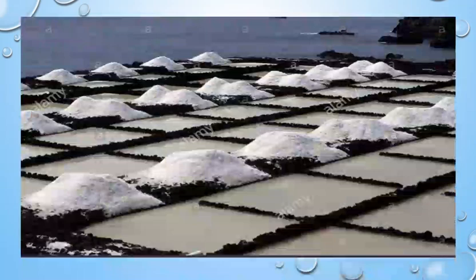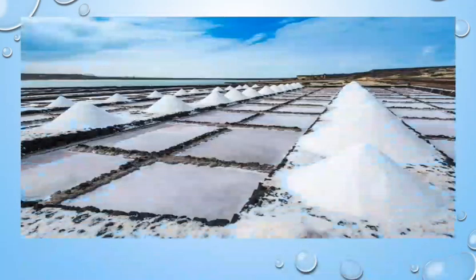These crystals or heaps are nothing but the salt which is collected from the evaporated seawater. This is how salt is made. Here there is a clearer picture of the white heap of salt just beside the sea. This is the process of making salt, by evaporating seawater.